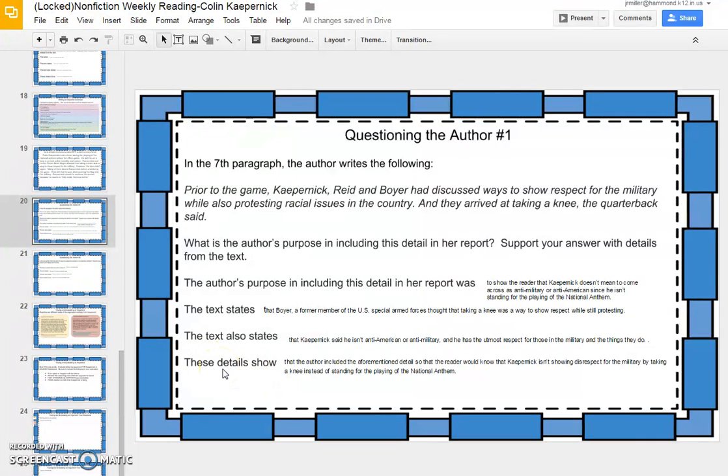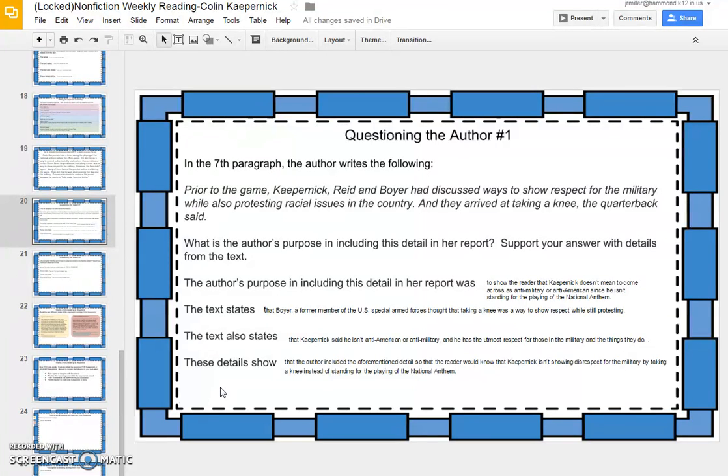So now I'm going to read my entire response. The author's purpose in including this detail in her report was to show the reader that Kaepernick doesn't mean to come across as anti-military or anti-American since he isn't standing for the playing of the national anthem. The text states that Boyer, a former member of the U.S. Special Armed Forces, thought that taking a knee was a way to show respect while still protesting.